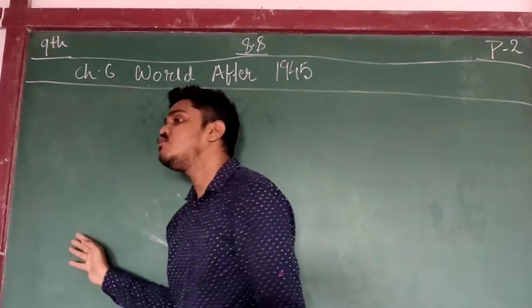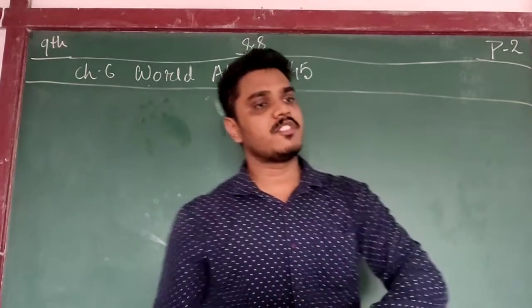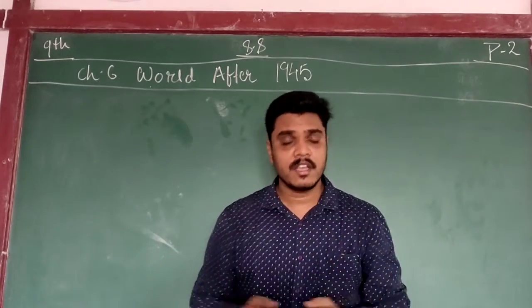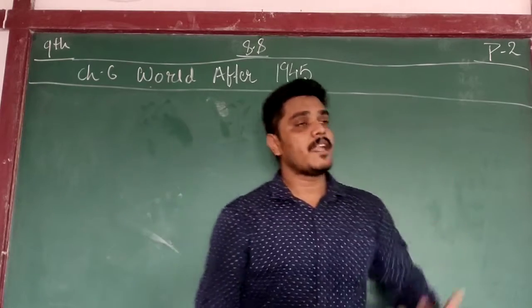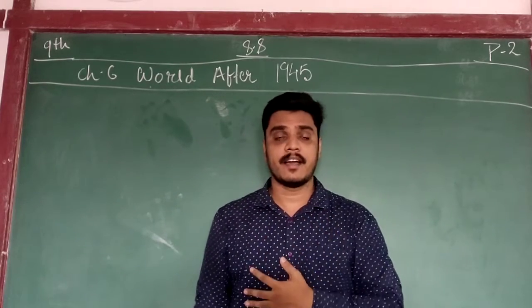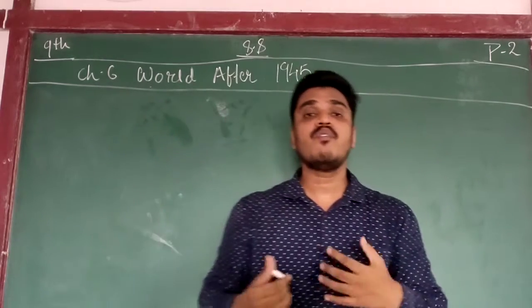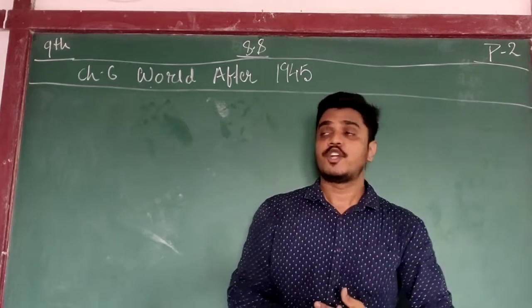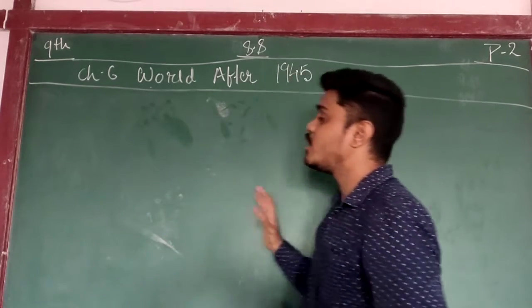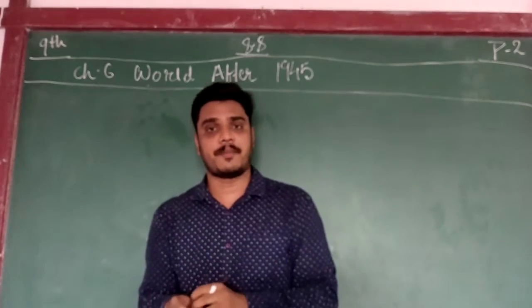How did the countries survive the economic problems, disputes, and the Cold War, how did the United Nations come into existence, and how was India facing problems with different countries, and what were our relations with our neighboring countries? So today we are going to discuss the remaining topics of this chapter.